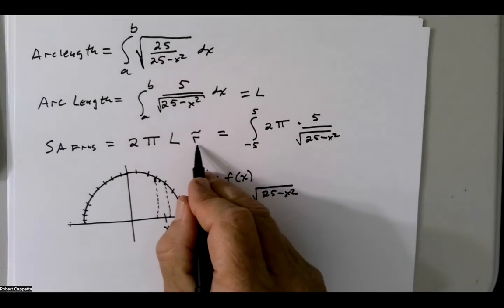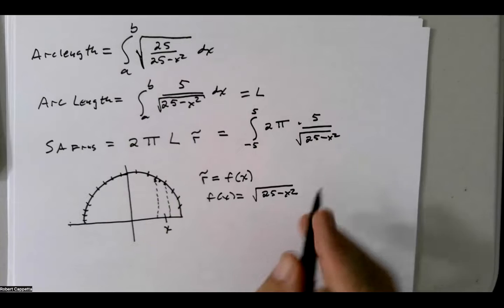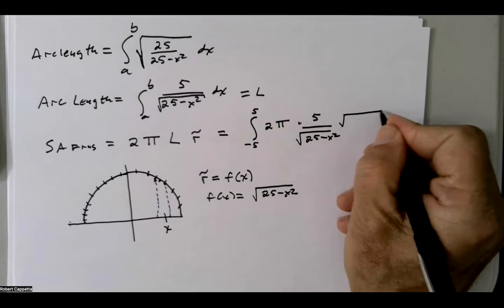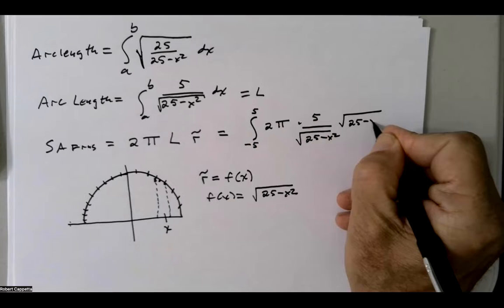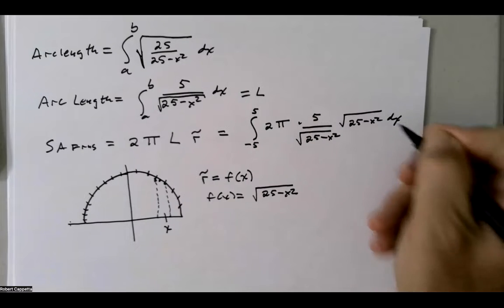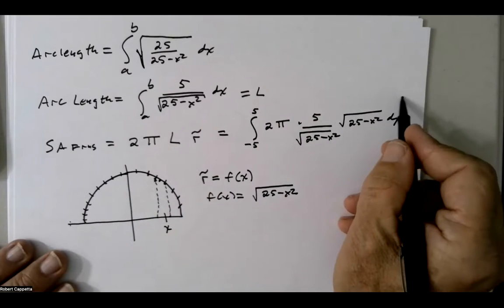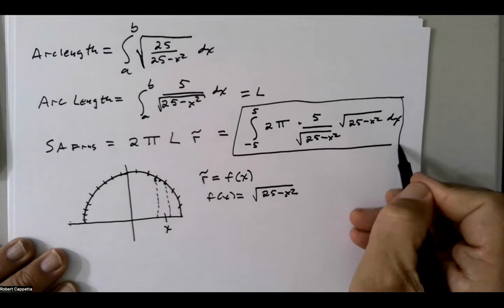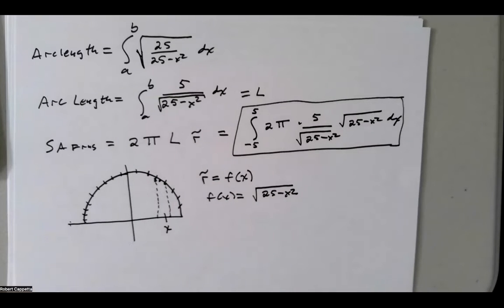And then what is my average radius? My average radius, we said, was f of x, which is indeed root 25 minus x squared dx. So this is the format that we get for evaluating this when we rotate this thing about the x-axis.